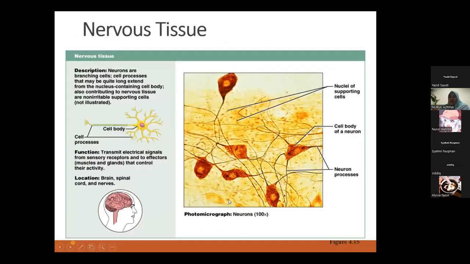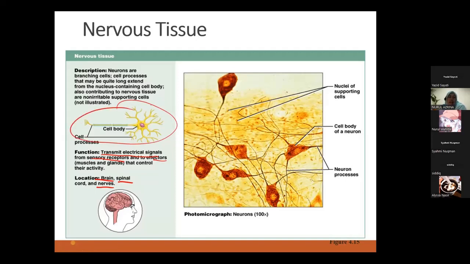So neurons can be found in the brain, spinal cord, and also nerves, right? The function of nervous tissue or neuron is to transmit electrical signal or impulse from sensory receptors to effectors, which control their activities. This is the structure of a neuron, right?